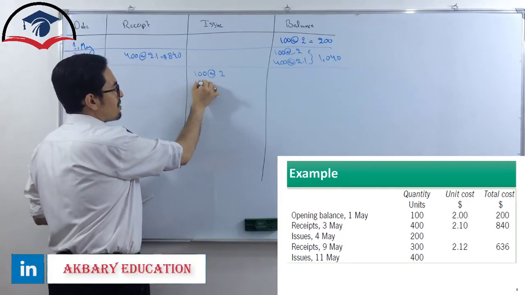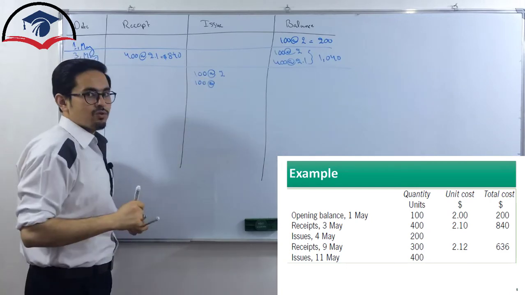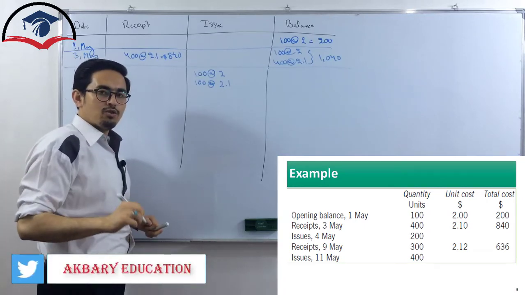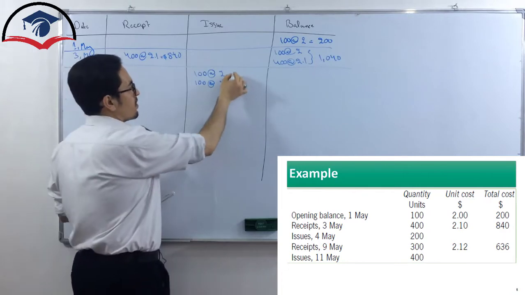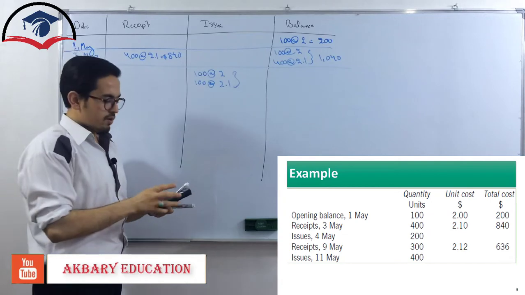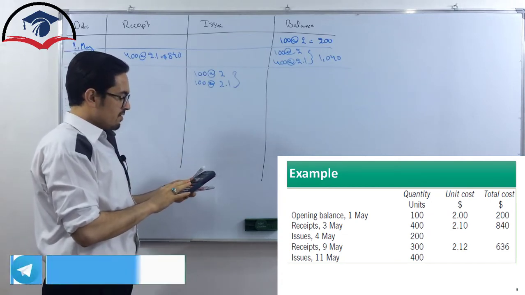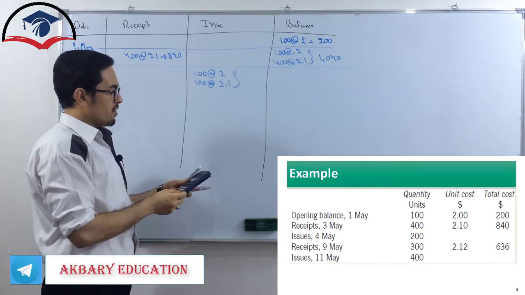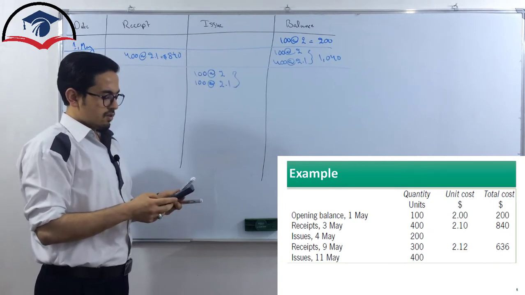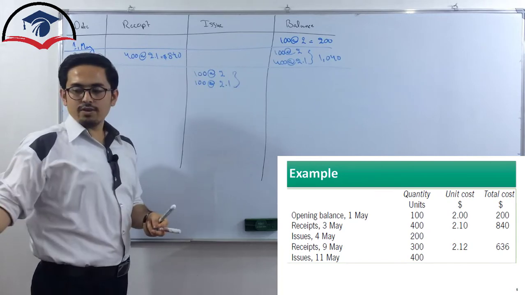Therefore, the remaining 100 units, which make the total 200 units of issue, will be issued from the item with $2.1 per unit cost. The total of that will become, try to use your calculators, 100 multiplied by 2 plus 100 multiplied by 2.1. The total is equal to $410.